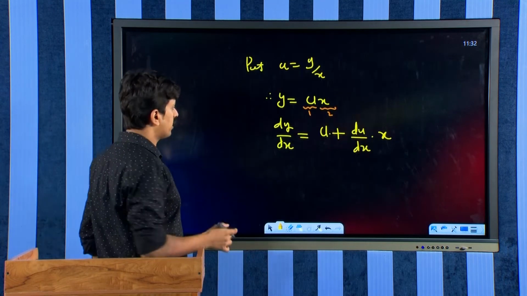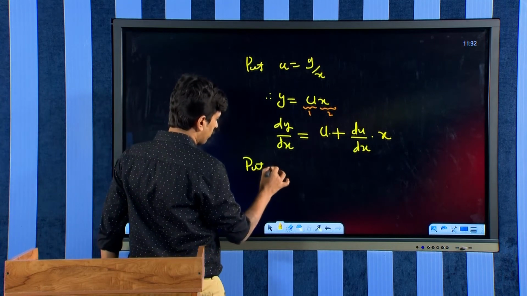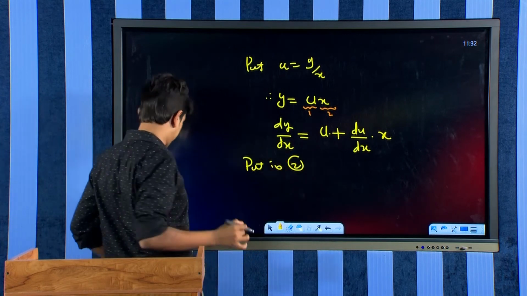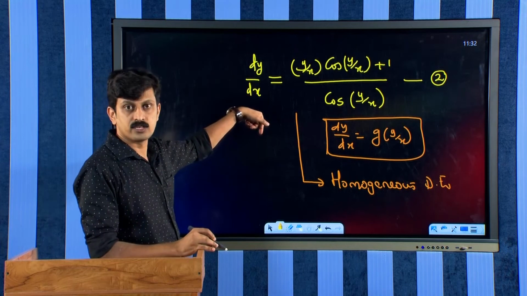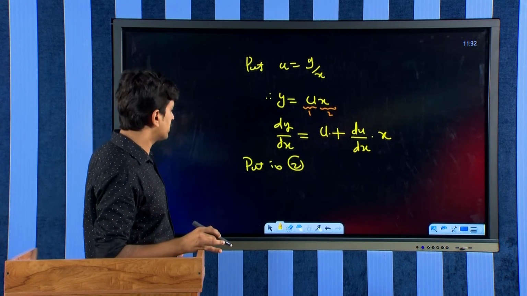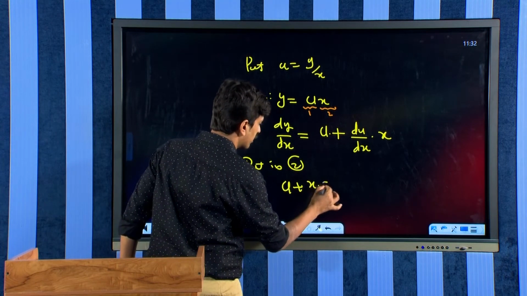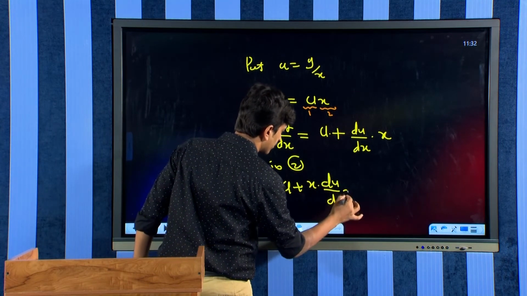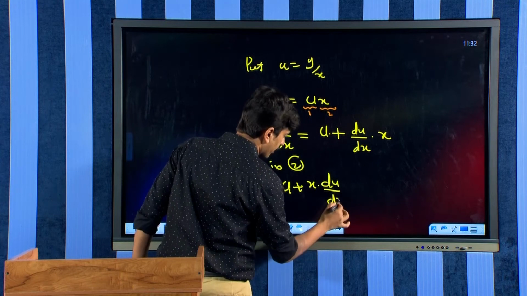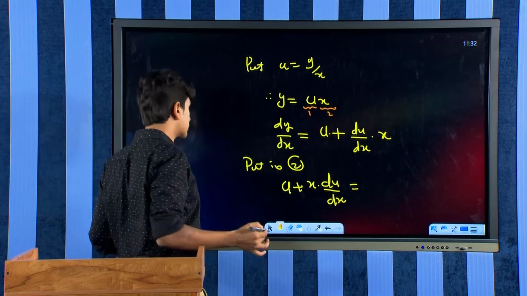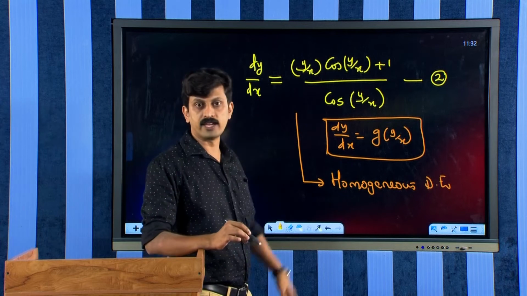Putting in 2, instead of dy by dx we can write u plus x into du by dx, which is equal to y by x cos y by x plus 1, divided by cos y by x.